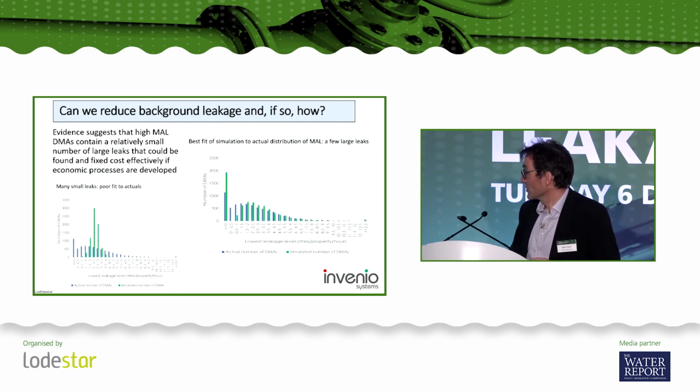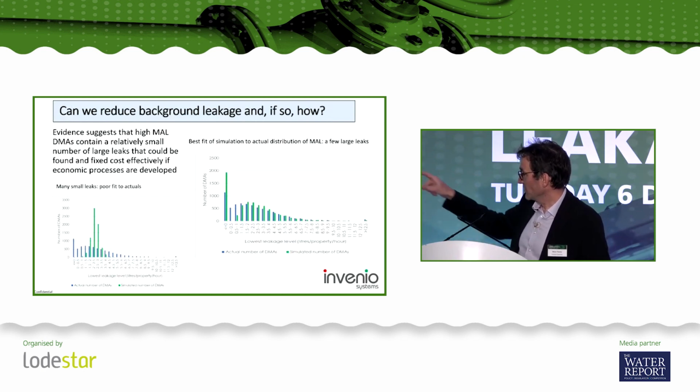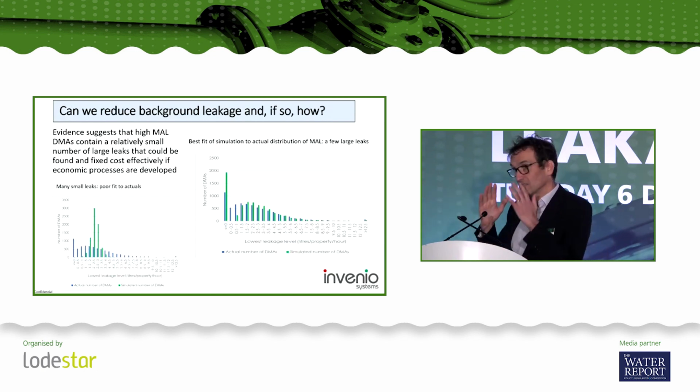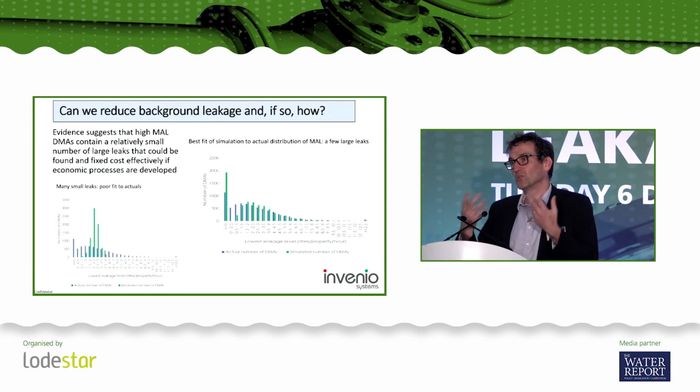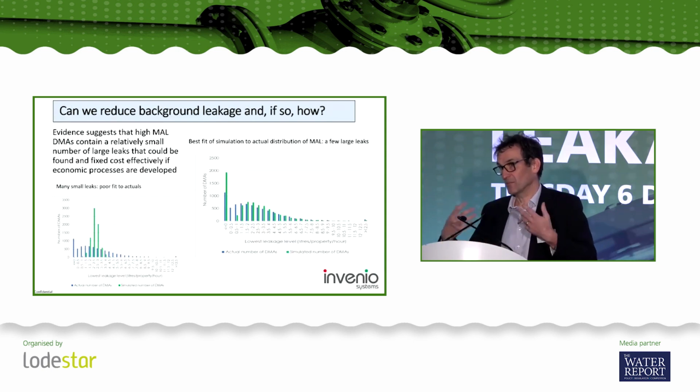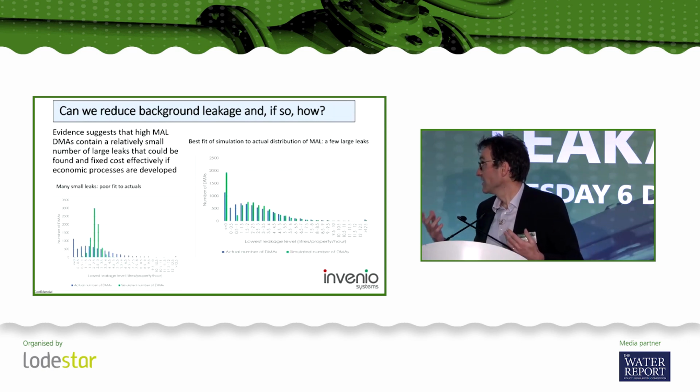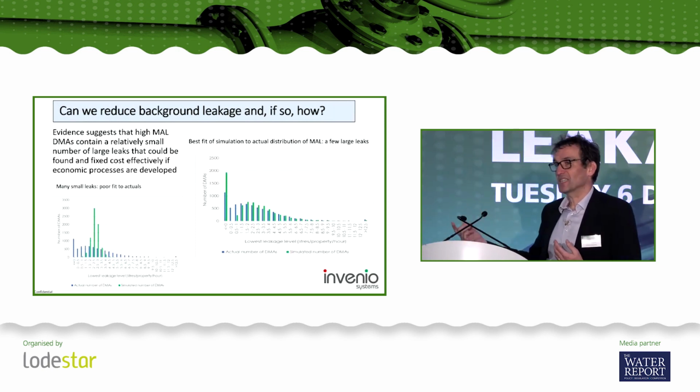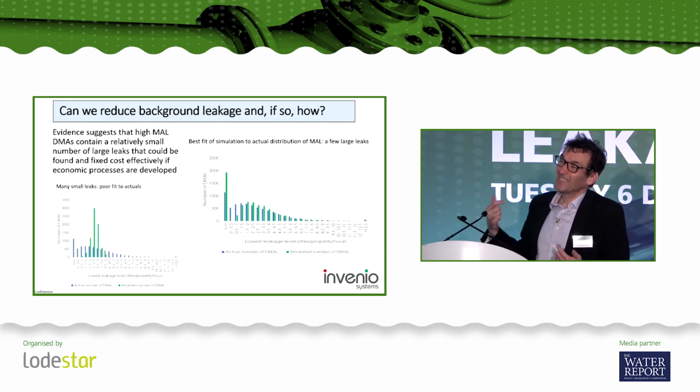If you've got lots of small leaks, then in the graph on the left-hand side, the simulated values all tend to bunch around the average. But if you've got a much smaller number of much bigger leaks that make up this minimum achieved leakage, then you get a much better match with the actual distribution.